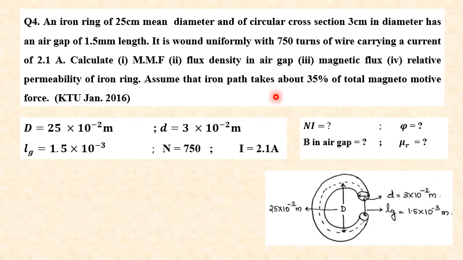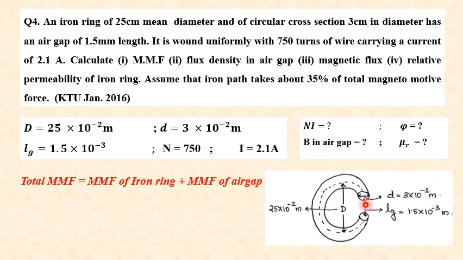Hence, the equation for total MMF will be: total MMF is equal to MMF of iron ring plus MMF of air gap, since there are only two materials, the iron ring and the air gap.